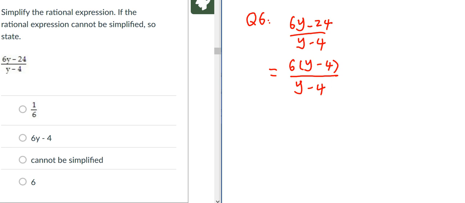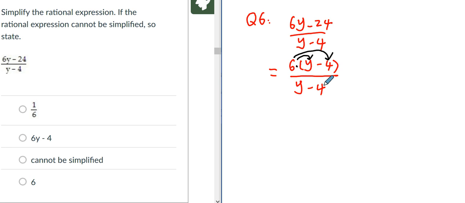Okay. Remember, between 6 and the quantity y minus 4 is multiplication. When you do 6 times y, you get back 6y. And when you do distributive property, you have a negative 4 times 6. It goes back here, negative 24.